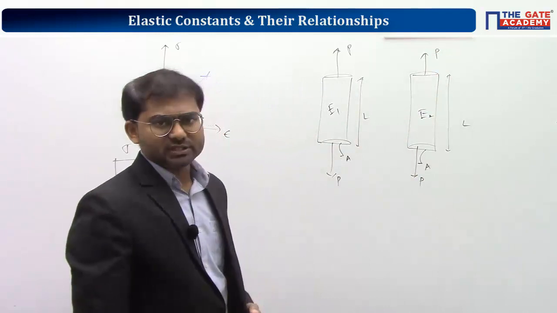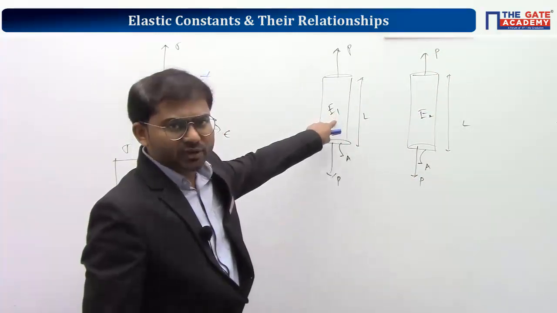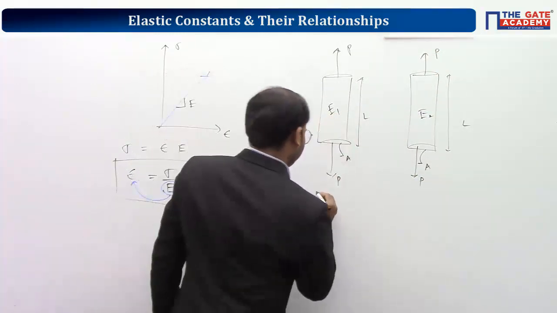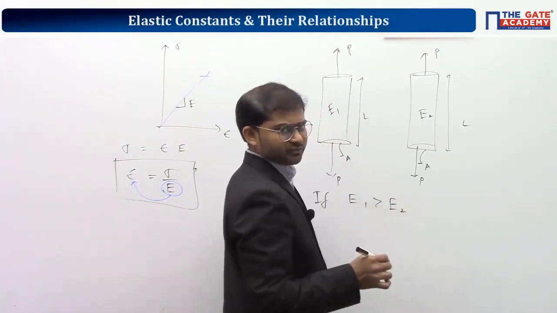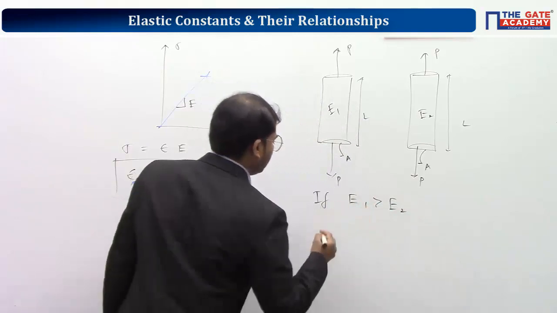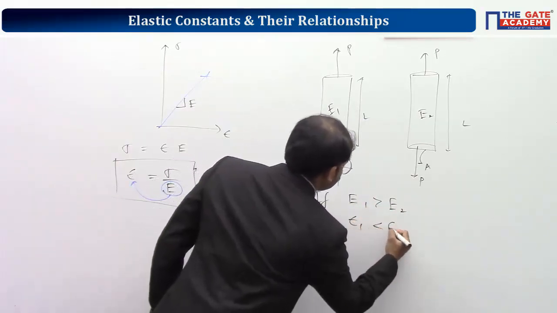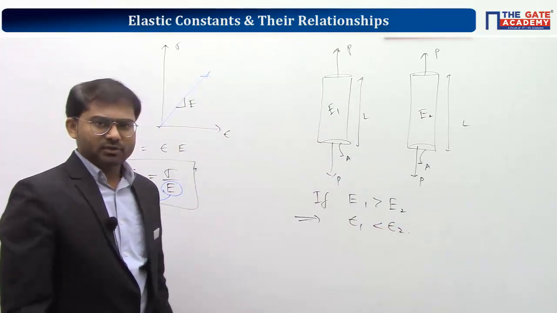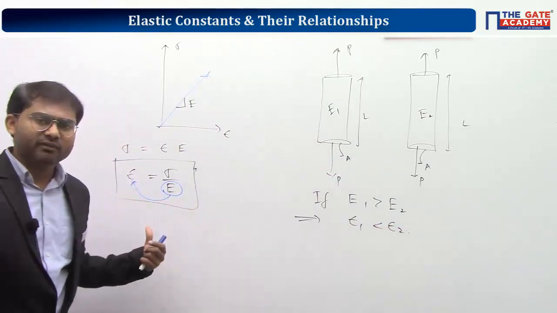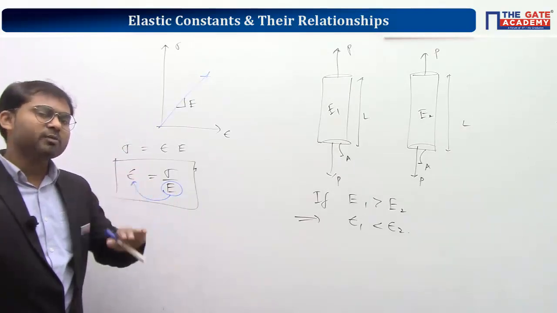As Young's modulus is different, if the Young's modulus of the first is higher than that of the second, the normal strain in the first will be less than the strain in the second. This is the correct way of explaining Young's modulus.